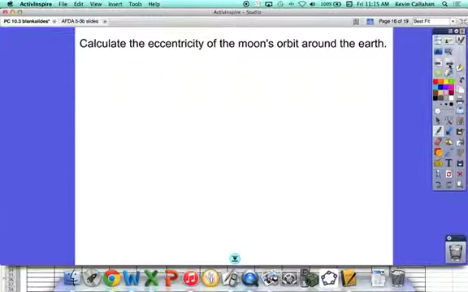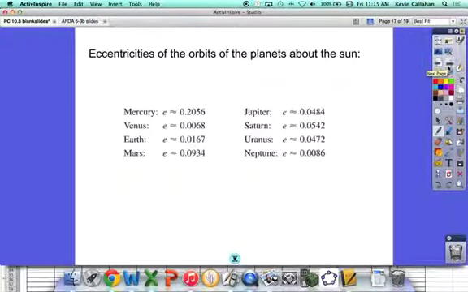Now, if you compare that to the planets going around the sun, we just said the moon was 0.0549. Look at the Earth's orbit around the sun. It's even closer to a perfect circle, 0.0167.